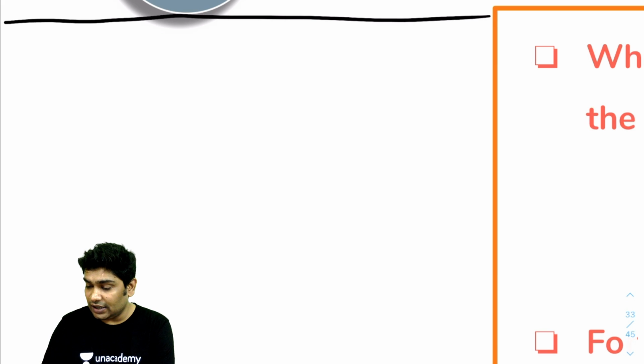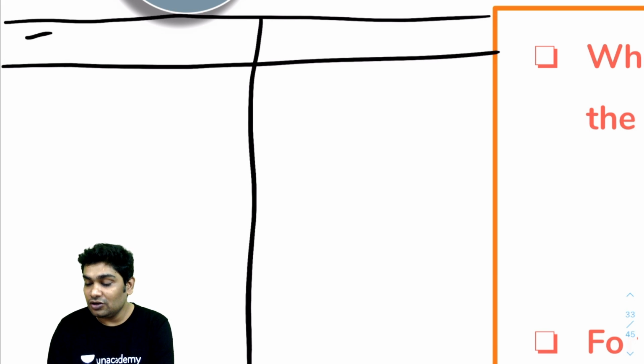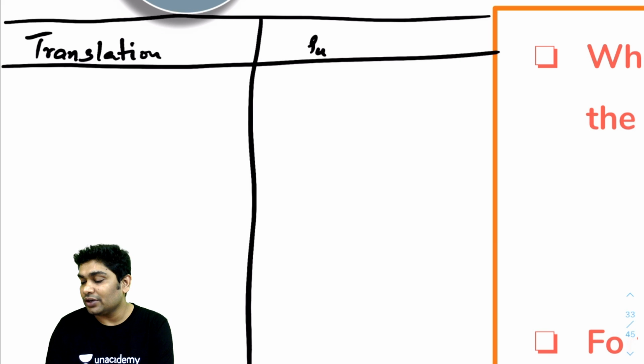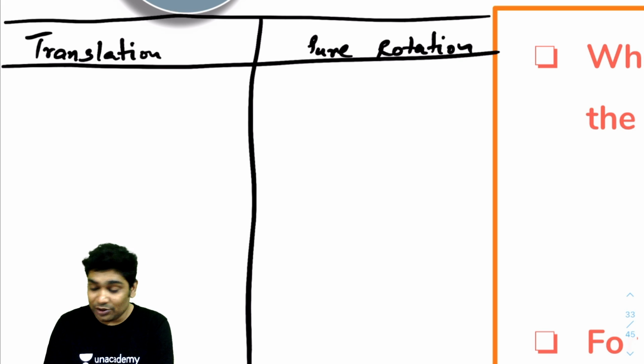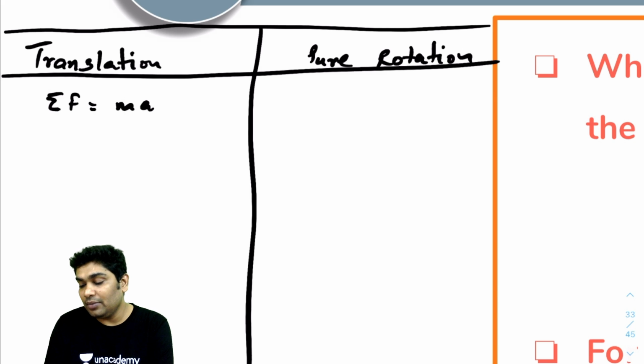So on one side I will have translatory motion, and on one side I have pure rotation. So here I am drawing about translation, and here pure rotation. So the first thing that you had here was F equals ma equations. Summation F equals ma.